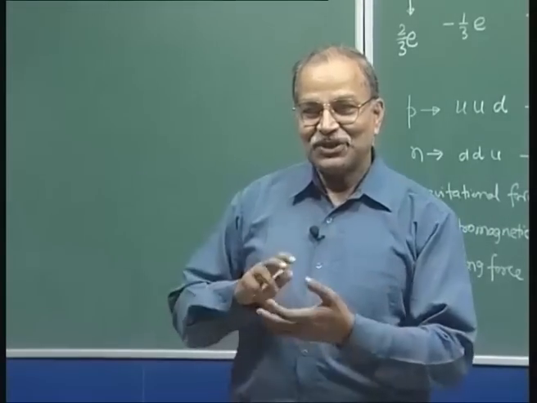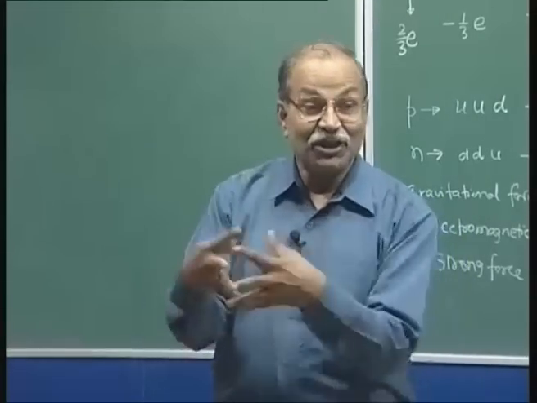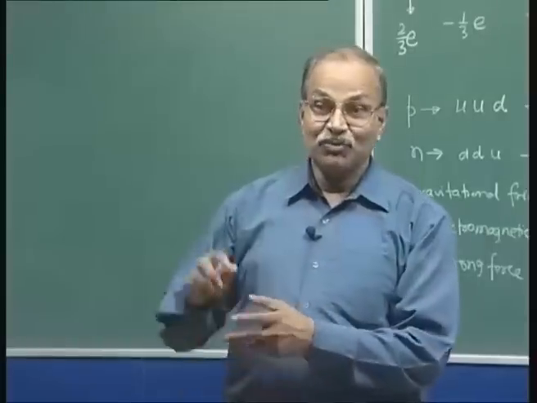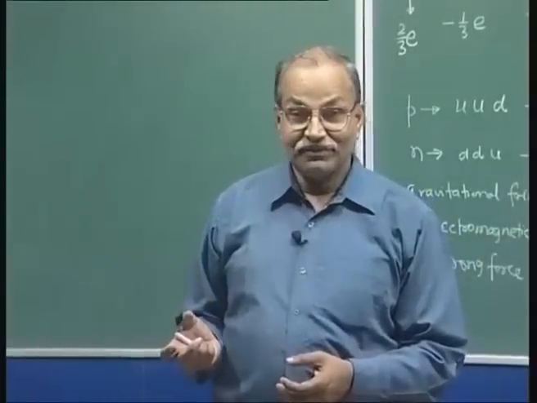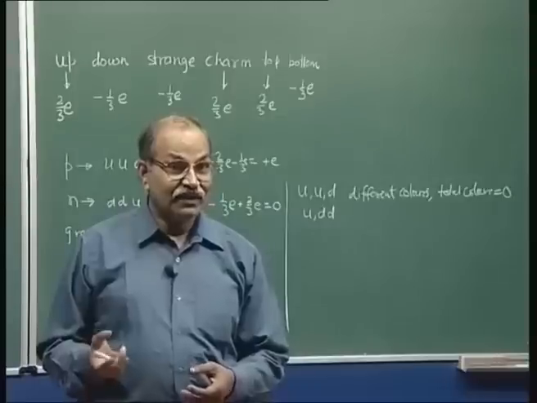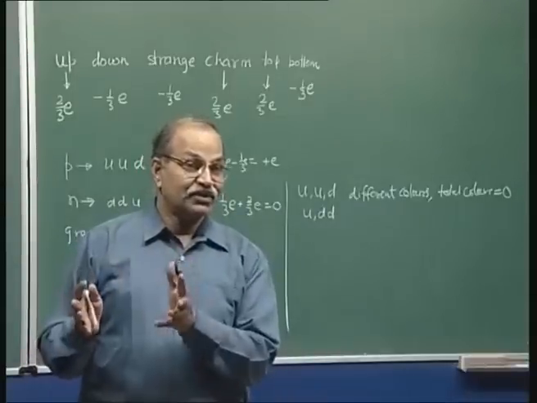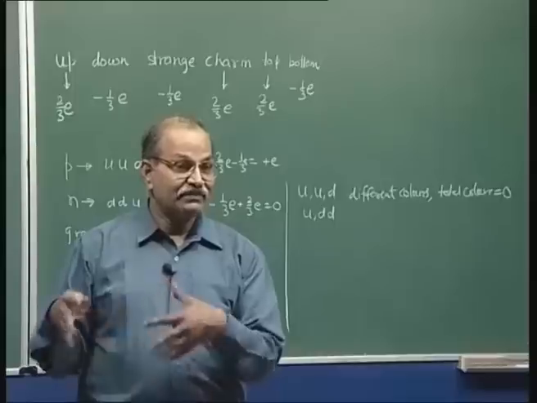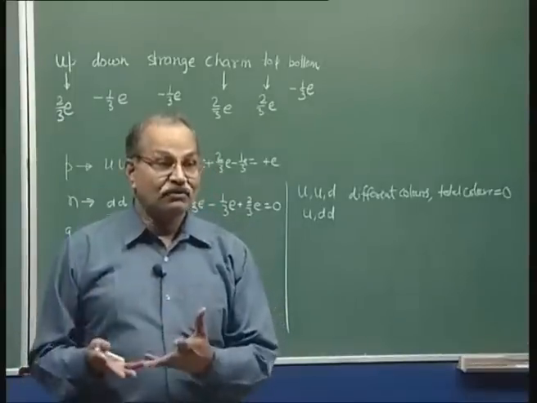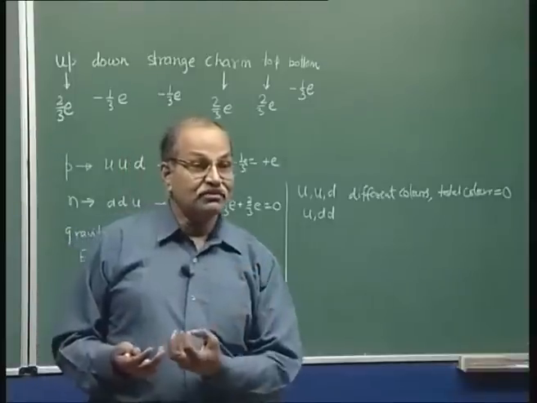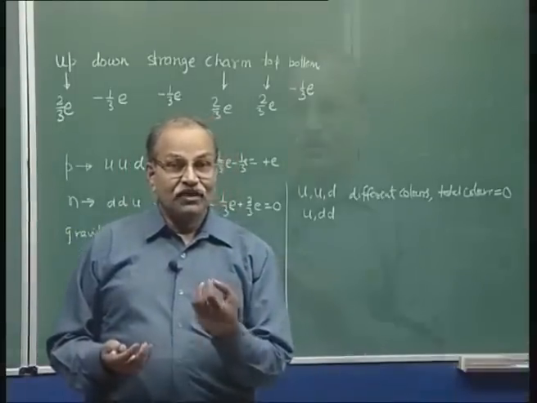Right. So, your situation is something like molecules. Each molecule by itself is charge neutral. In a molecule you have atoms, positively charged nuclei, then you have electrons, and the molecule as a whole, a water molecule for example H2O, is neutral.